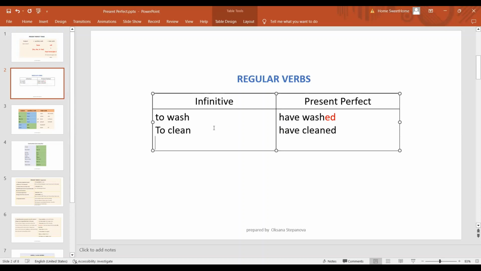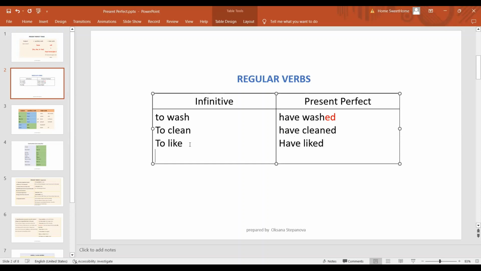And let's take some more, like to start. To wash, have washed. To clean, have cleaned. To like, have liked.